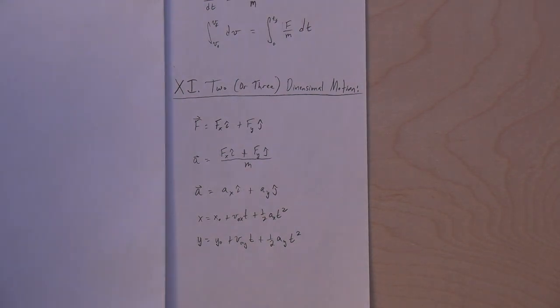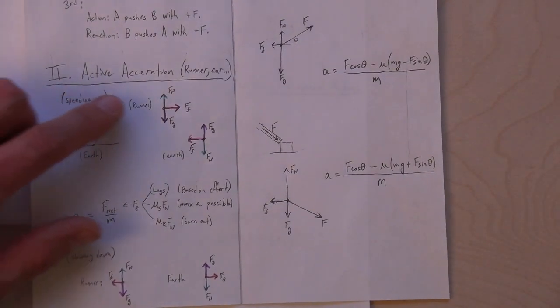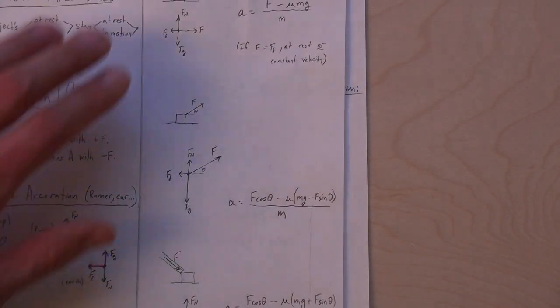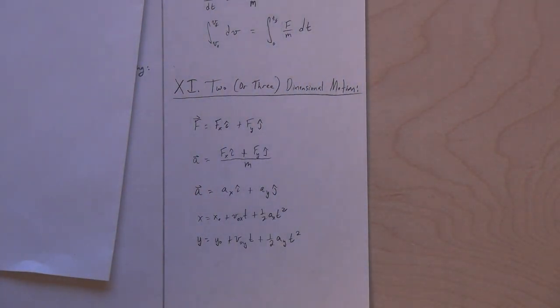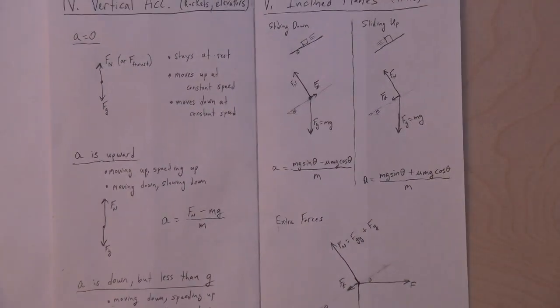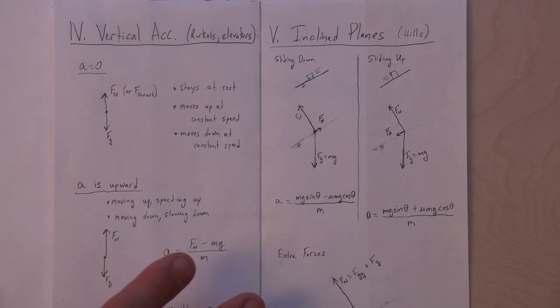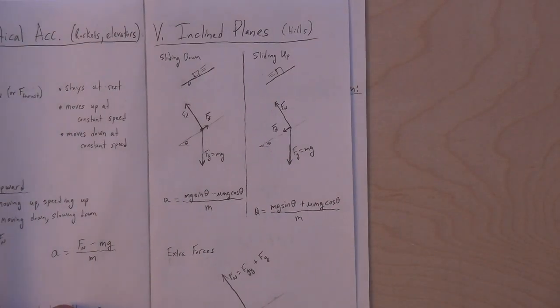I lost my little outline, but again, we got Newton's 3 laws, we got active acceleration, runners and cars, passive acceleration, crates, then we studied vertical accelerations, right? Rockets and elevators. Then we studied inclined planes today.